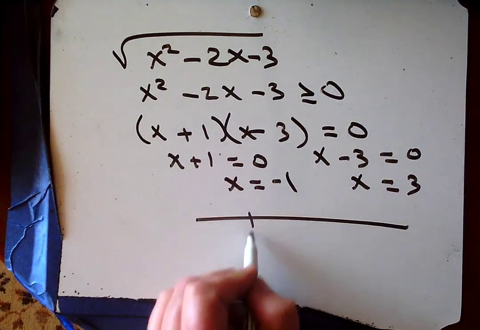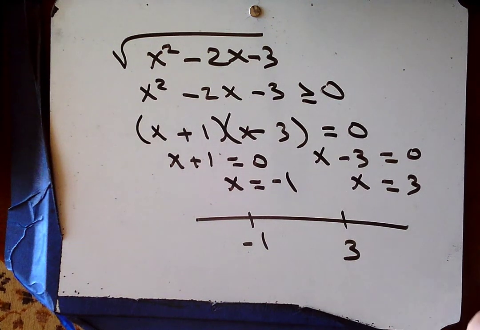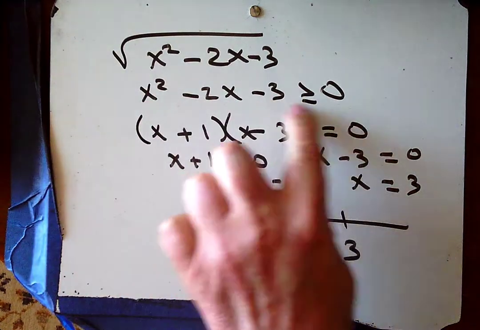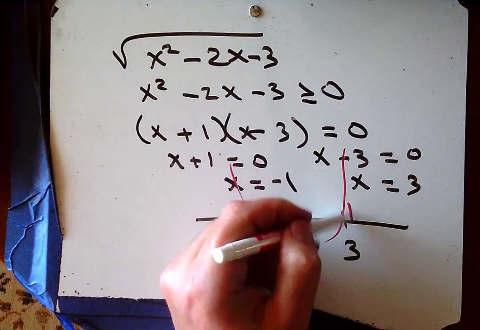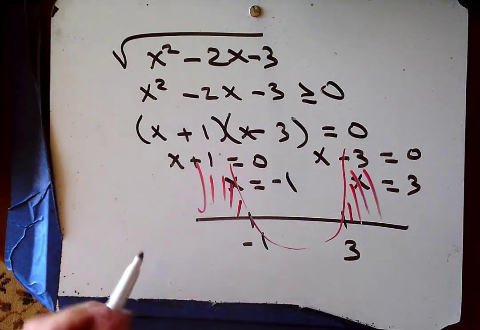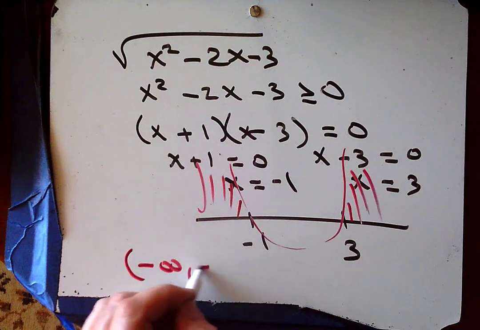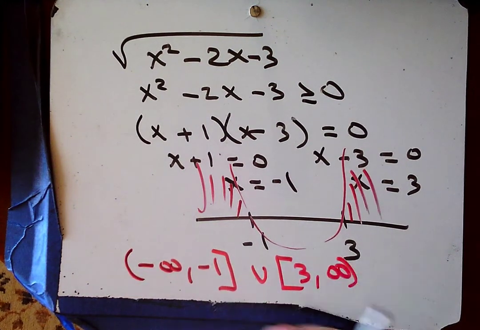I'm going to put those critical numbers on a number line. Now, when you got to this point, did you use the graphical approach? Did you say when is the parabola greater than or equal to 0 and draw in the parabola and say for these numbers and these numbers? That's a way to come up with negative infinity to negative 1 union 3 to infinity.